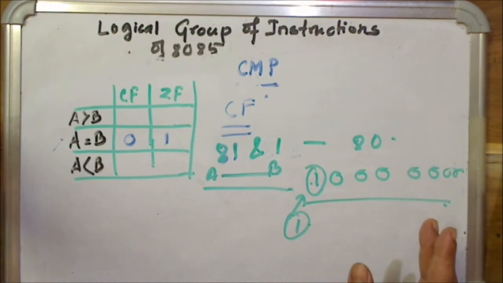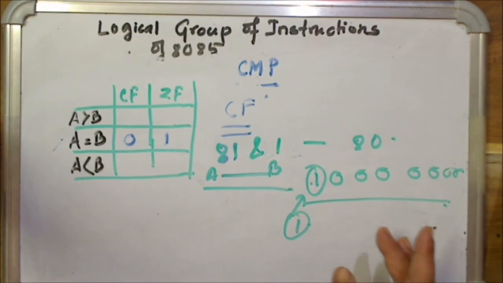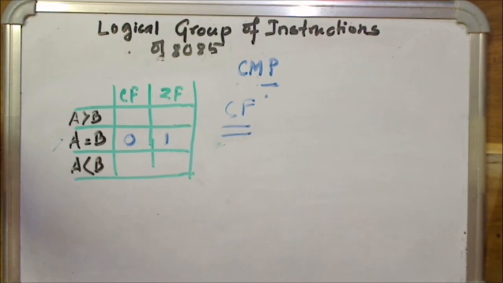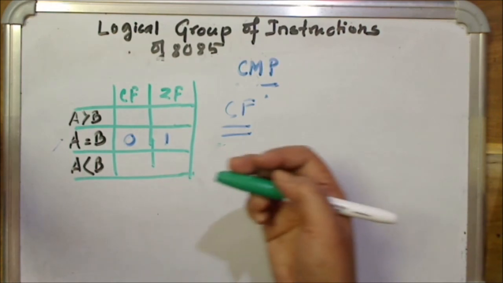If you need to check the greater and the smaller number, you check the carry flag, because the sign flag does not always give you the correct answer. For that you use the overflow flag, which you will be studying in 8086. But let's not talk about this right now.